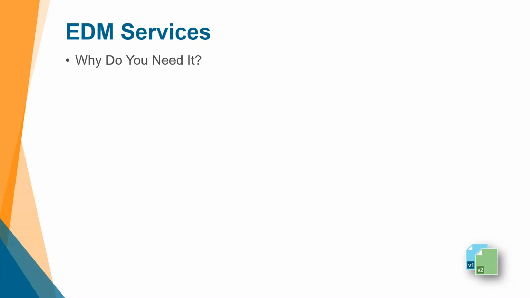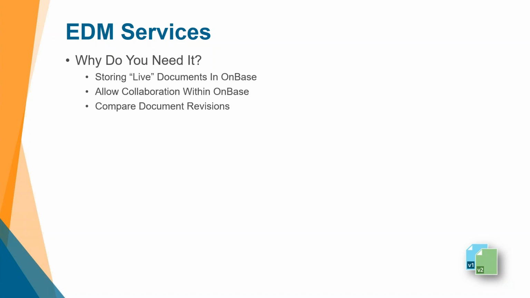So let's recap here a little bit. Why would you potentially need this? Well, if you're storing live documents inside of OnBase, this is a great example where you need to be able to provide those collaboration capabilities and store all those changes. That ability to compare document revisions is paramount when you have this really dynamic process that multiple people can be collaborating on.